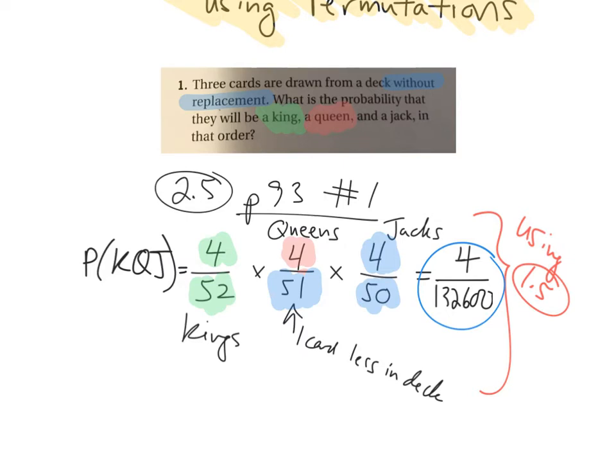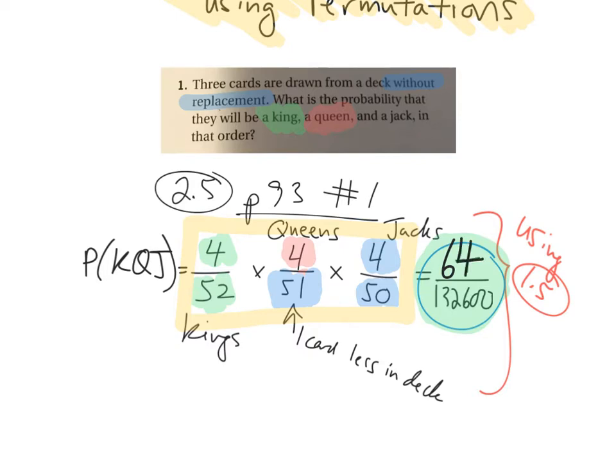So overall, the probability of drawing a king, a queen, and a jack in that exact order is 4/52 for the king, times 4/51 for the queen, times 4/50 for the jack. And when you multiply the fraction before you reduce, which ideally you shouldn't reduce, is 4 possible ways out of 64. 64 possible ways. 4 times 4 is 16, times 4 is 64.